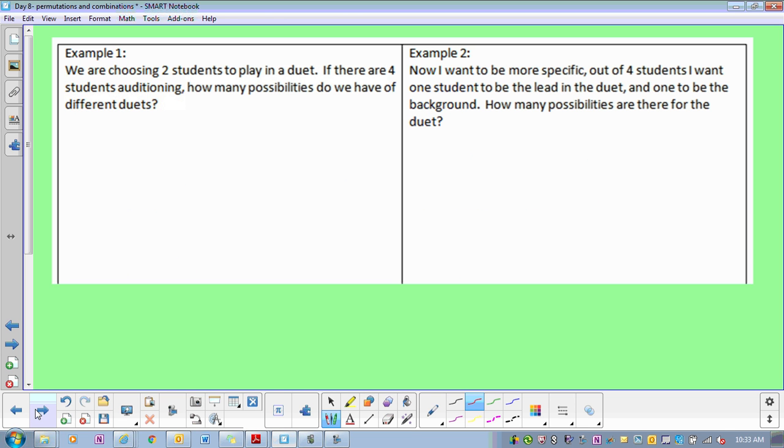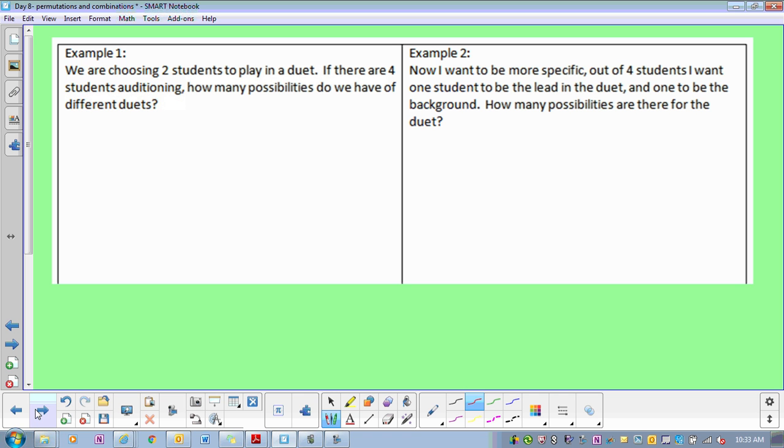Now, let's talk about some different situations here. They're kind of related, but a little bit different. So look at example 1. We're choosing 2 students to play in a duet. What's a duet? A duet is just 2 people. If there are 4 students auditioning, how many possibilities do we have of different duets?